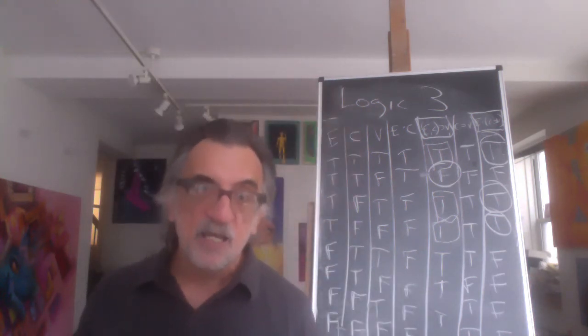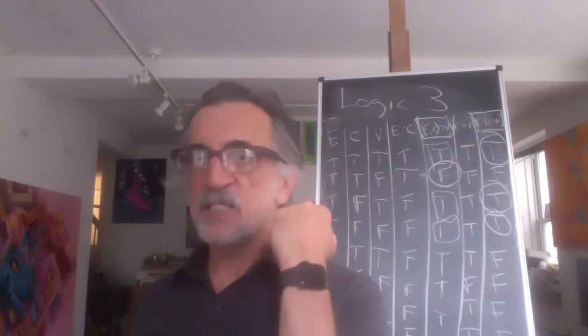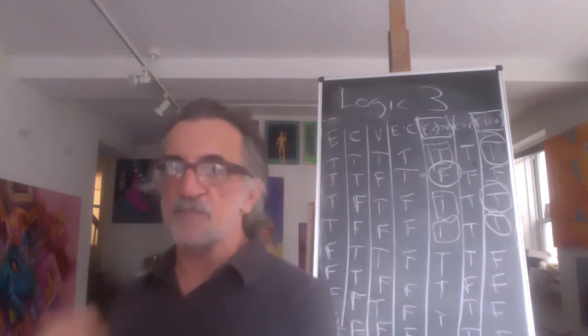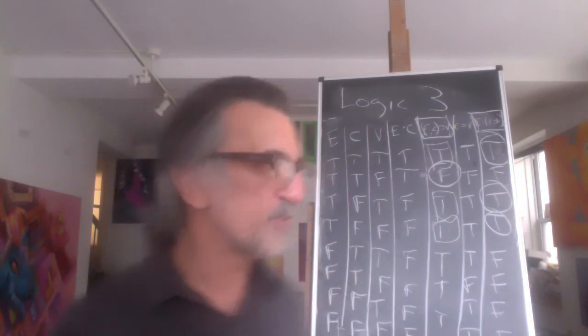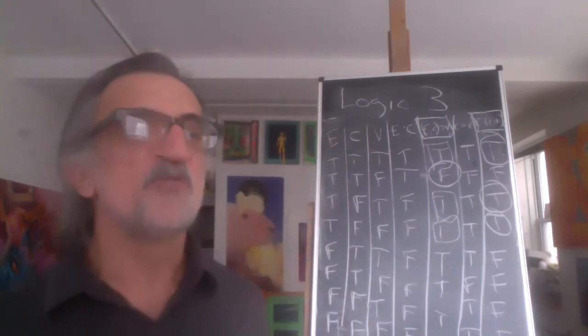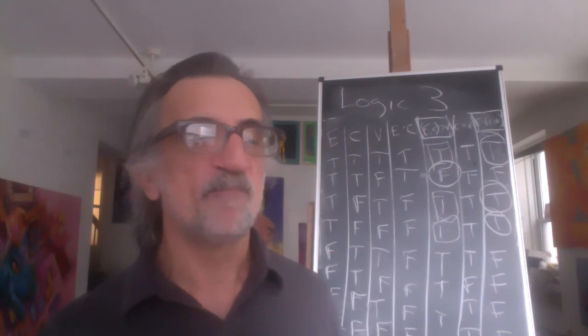So the statement, I'm at least 18, and if I'm a citizen, then I can vote, does imply the statement, if I am at least 18 and I'm a citizen, then I can vote. Okay. So that's a quick look at implication, equivalence, and the manipulation of the full truth table.